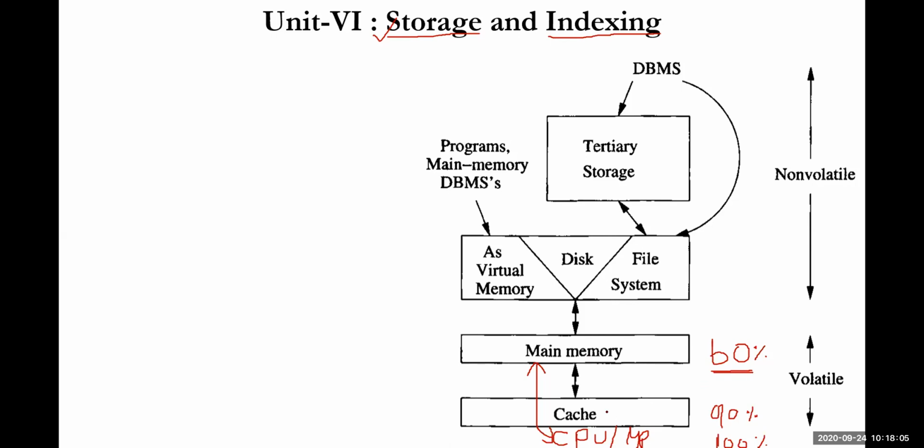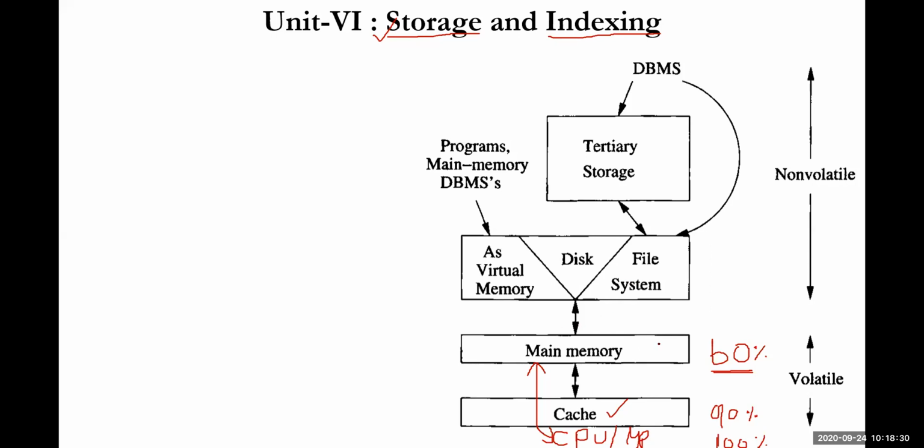If you don't have any cache memory here, then the idle time of the CPU will be 40%. 40% of the time will be idle if you do not have any cache memory. Without main memory, virtual memory, disk or file system cannot be taken into consideration.